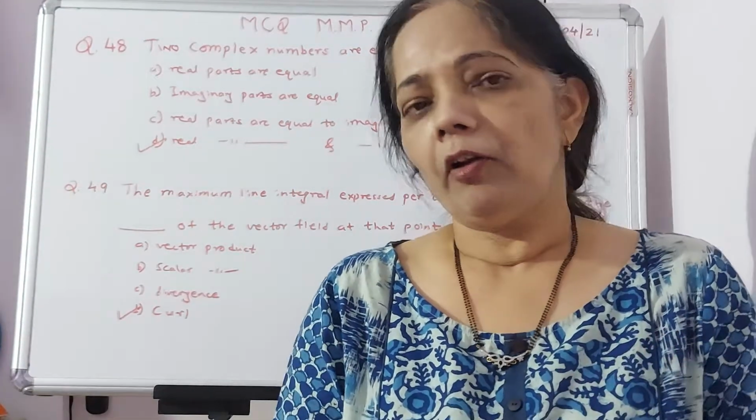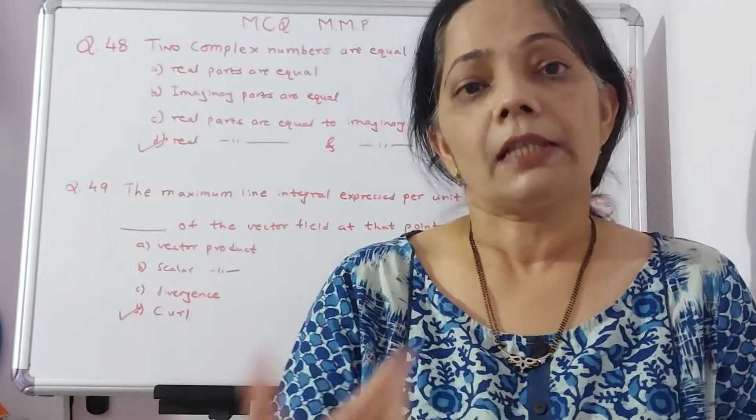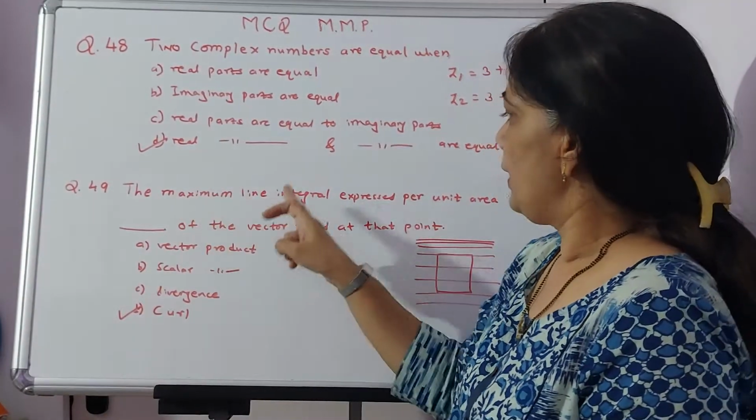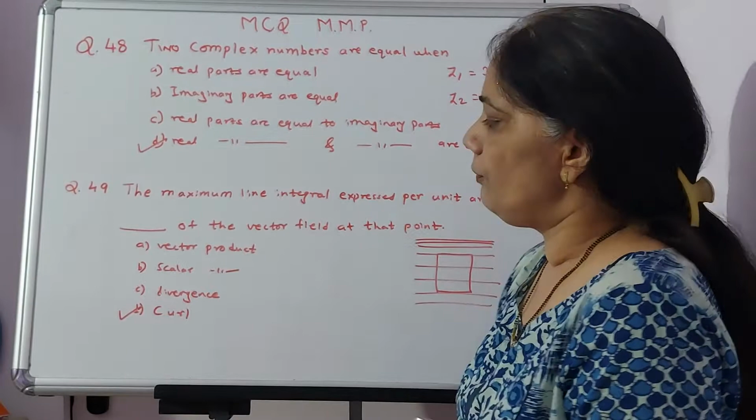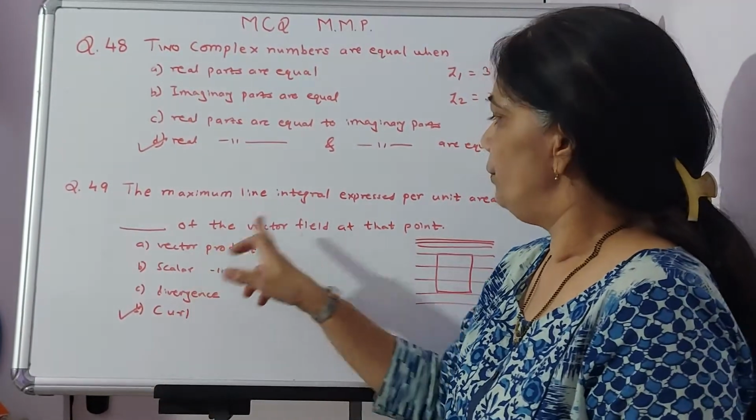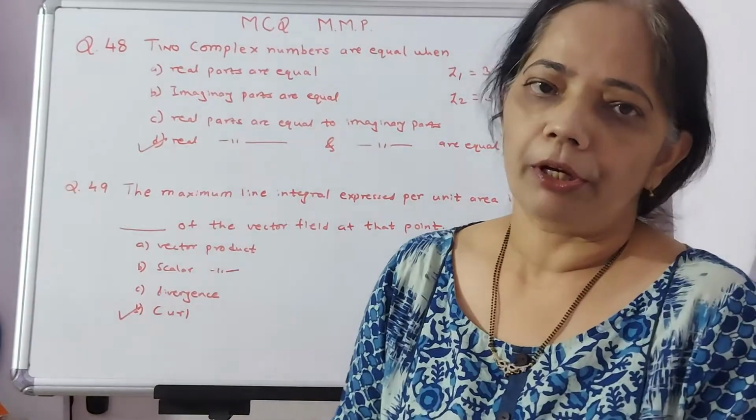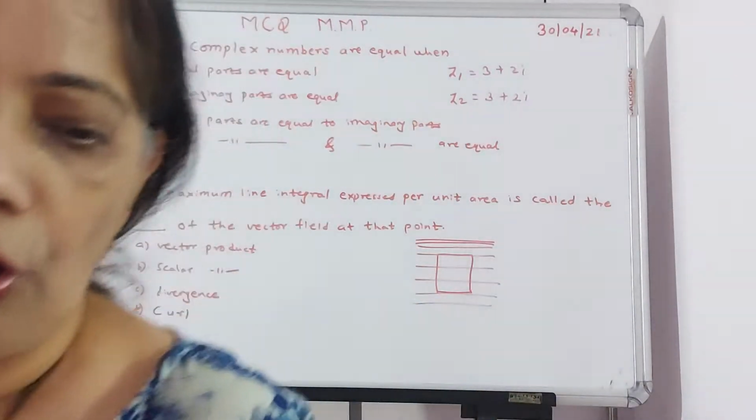When it's perpendicular, it will be 0, but for parallel, it will be maximum. That's the reason the maximum line integral expressed per unit area will be called the curl of the vector field at that point. Okay, this is nothing but the definition of the curl.